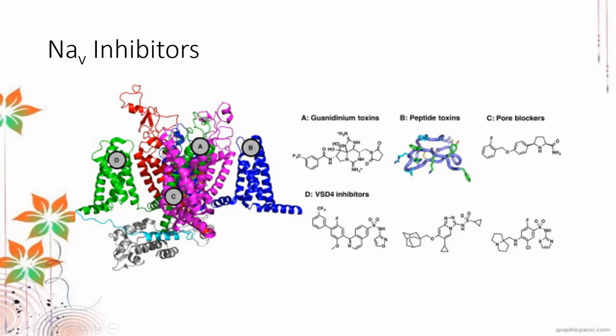But all in all, they have similar functions. They can inhibit the activity of the channel. They can inhibit the opening of the channel, or they can inhibit the closing of the channel, depending on their binding and activity. How does it happen that even if they bind to different sites, they can have the same effect?